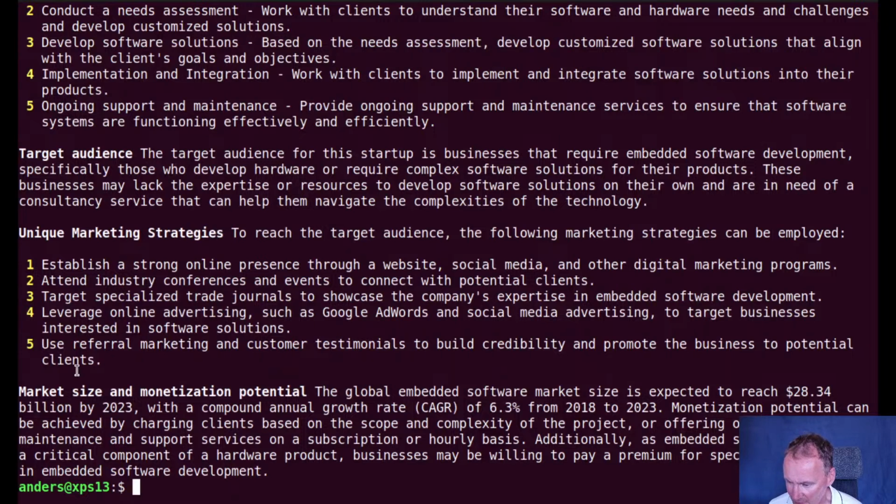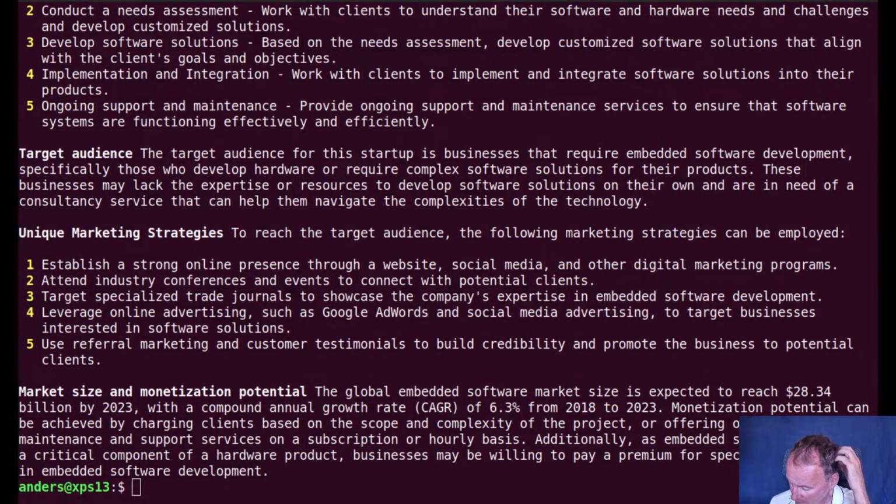Market size. So this should only be an annual growth rate of 6.3%. A bit limited, yeah, but still it is. So what do we say for that one?